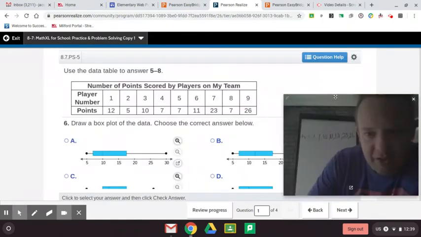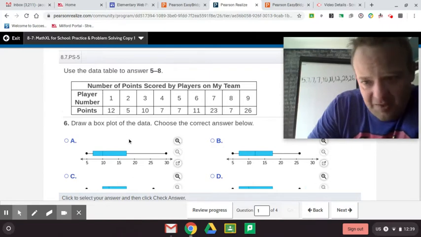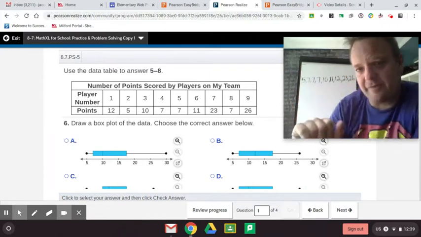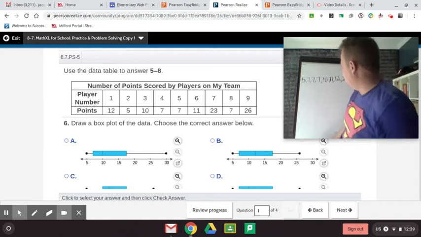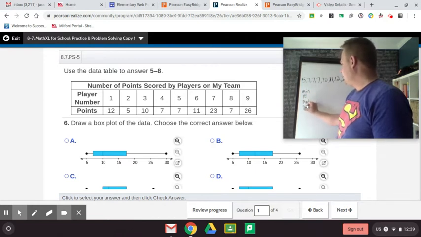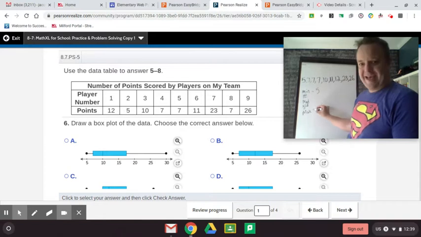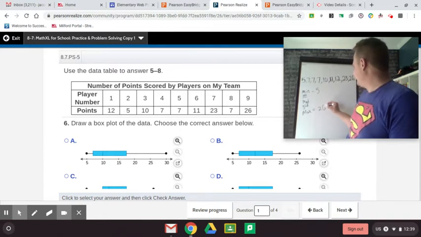Okay. Now we're going to do a box plot of it. In order to do a box plot, we've got to find the 5 boundary values, guys. The 5 boundary values. So we have the minimum, the first quartile, the median, the third quartile, and the maximum. All right, so the minimum is 5. The maximum is 26. The median is 10.